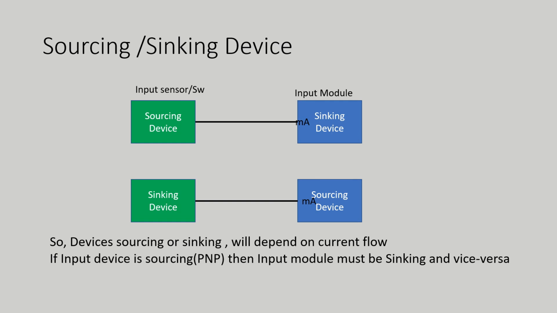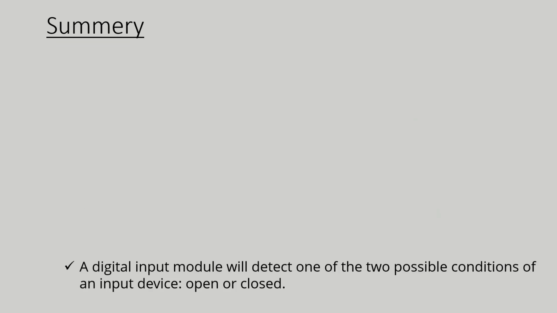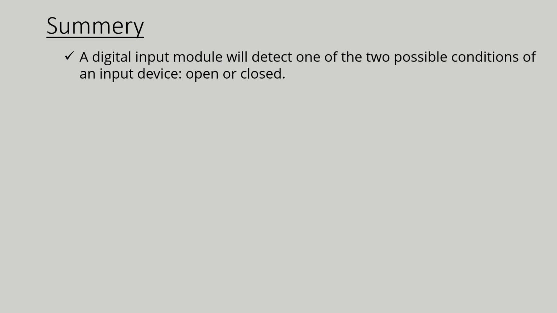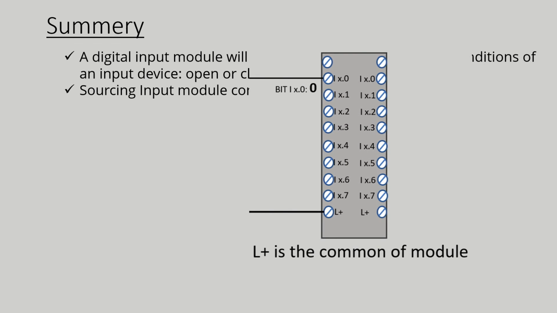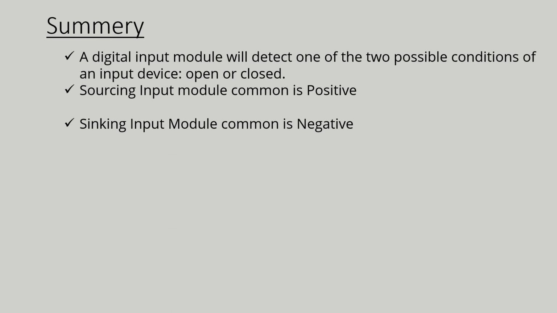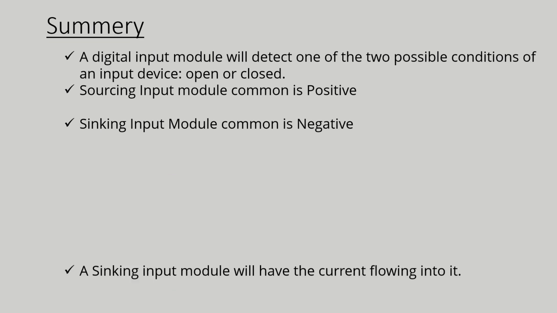Let's summarize the learning. Digital input module will detect one of the two possible conditions of an input device, open or closed. Sourcing input module, common is positive. Sinking input module, common is negative.